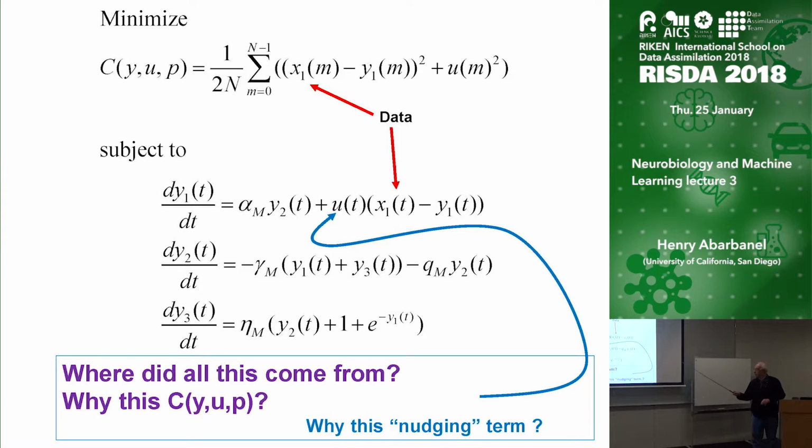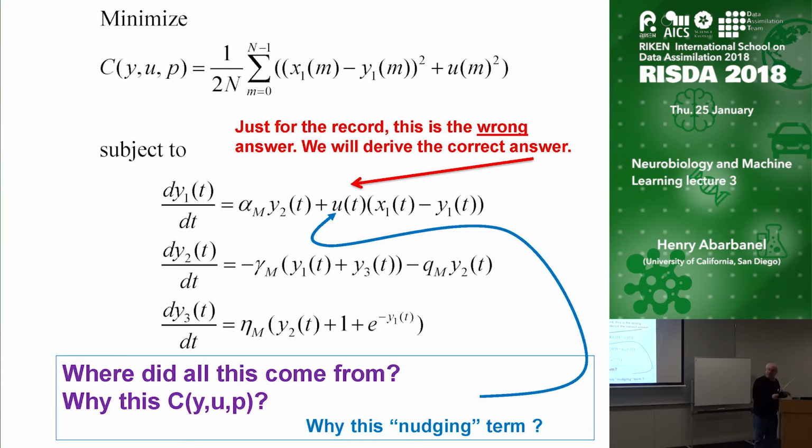All right, so what I want to talk about is, where does this come from? Is this right? And if it's not quite right, which it is not quite right, I say that in the next slide. Just for the record, this is wrong, but it works pretty well. And my view is, that's interesting, but I want to know why it works well and what is the right answer, and I'm going to derive that for you. And that's the tool that we use to study the neurons that were experimented with in Dan Margolish's lab, as well as some other things.